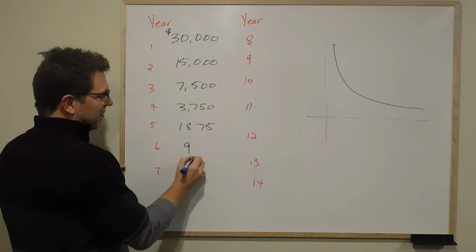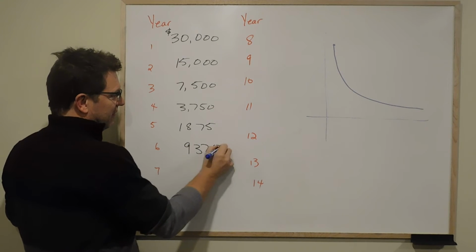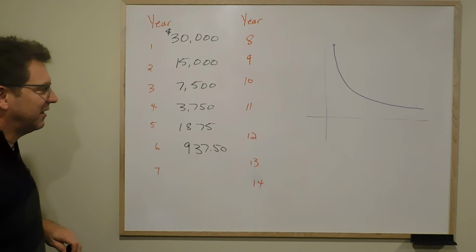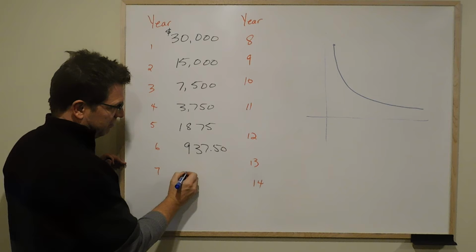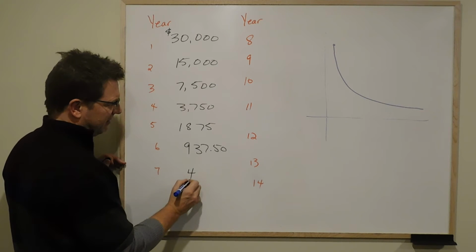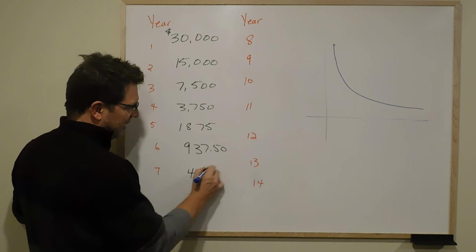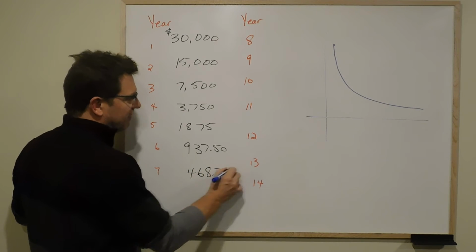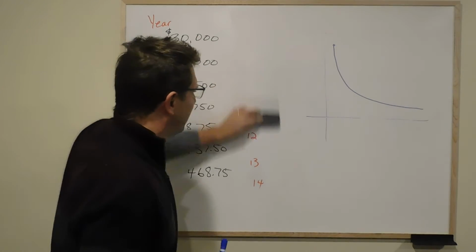And then it's going to be worth $937.50, right? And we keep going, and then it's going to be worth 468.75, right? And we don't have to use the rest of the years, okay?